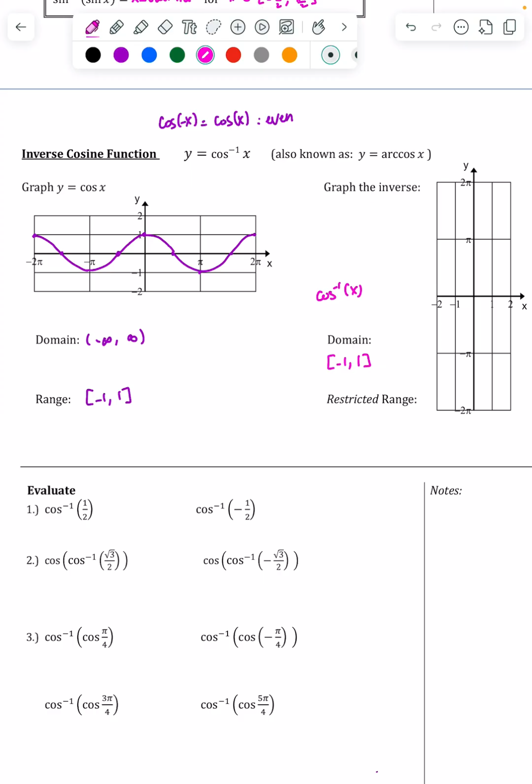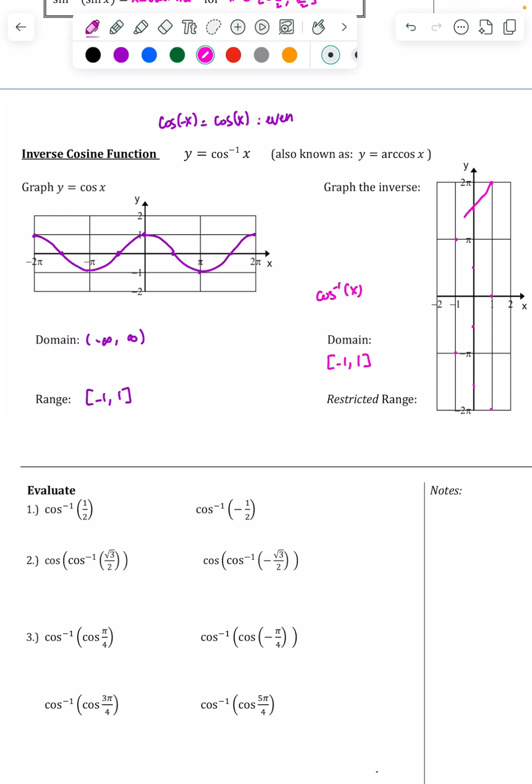So you're going to go 2 pi, here 1, and then back to 0 here. Actually, it's going to be 0 here, -1, back up, 0, pi -1. So your graph is going to look something like this.